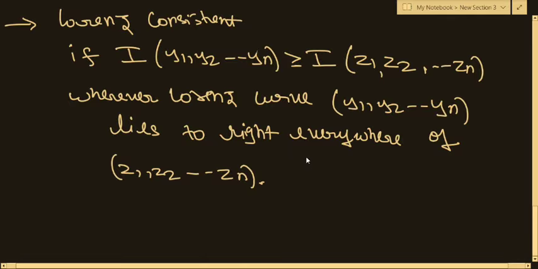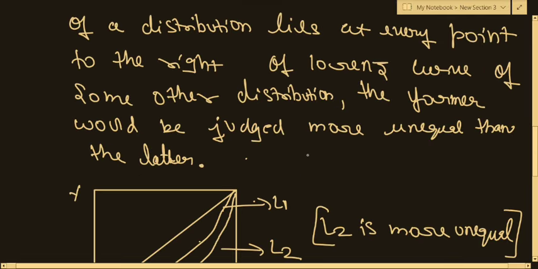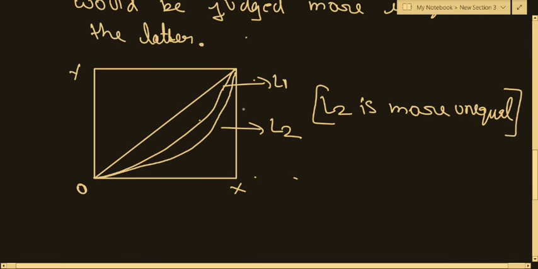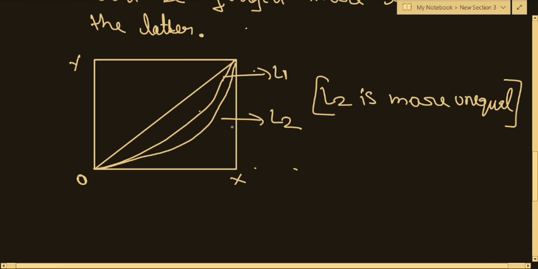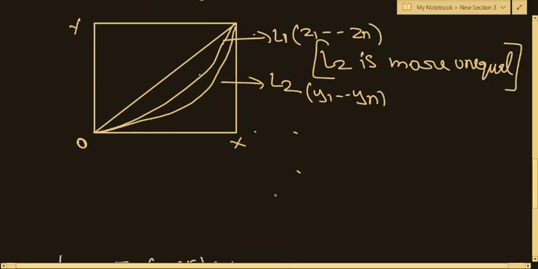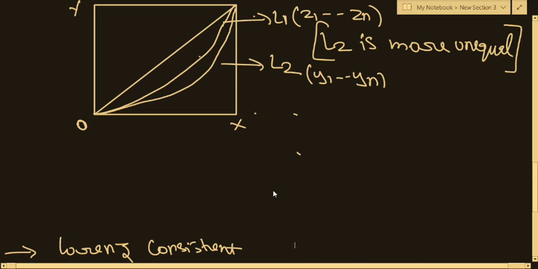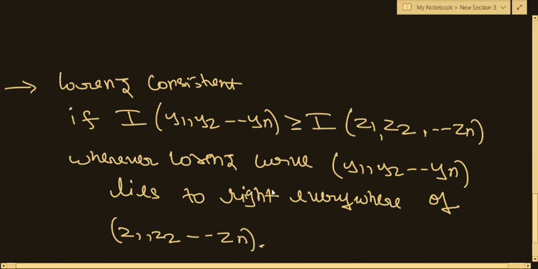To understand this in a better manner, let L2 be with the incomes y1 to yn, and let L1 be from z1 to zn. Since the y1 to yn Lorenz curve L2 lies everywhere to the right of the L1 Lorenz curve, this is Lorenz consistent.